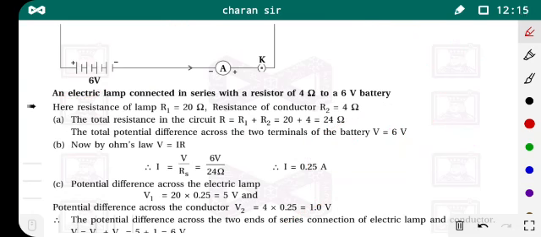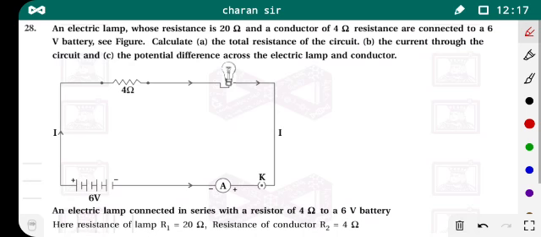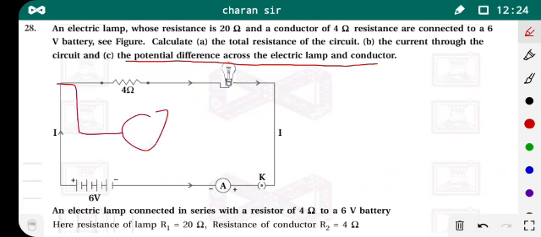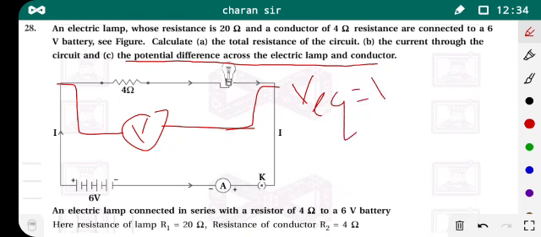Now the third one, the potential difference across the electric lamp and conductors. We have to find out what is the potential difference across the conductor and the lamp. We know that in series connection the equivalent potential difference is given by the summation V1 plus V2.